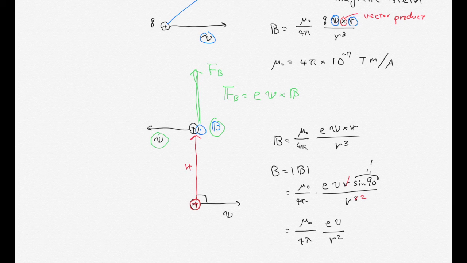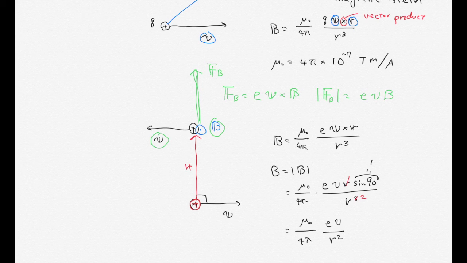This is F sub B, the direction of the magnetic force. Then the magnitude of the magnetic force, again with the velocity and magnetic field perpendicular to each other, is just e v B.